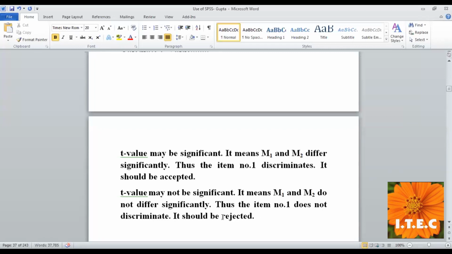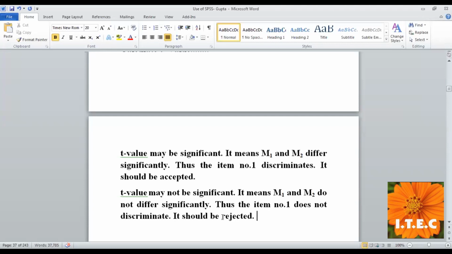So if you have got 29 items, some of the items will be rejected and some of the items will not be rejected. So this is the procedure of discrimination you need to do in case of the scale or inventory.